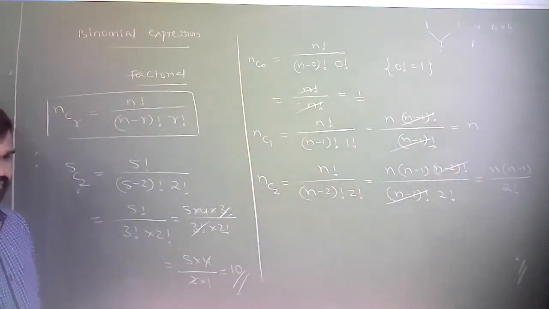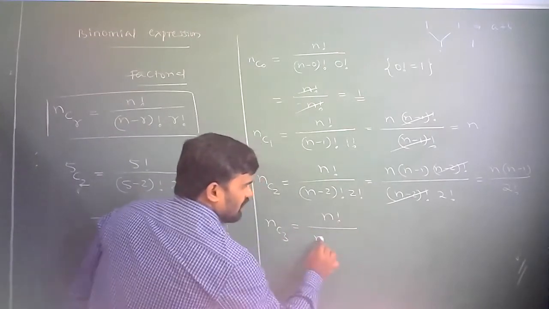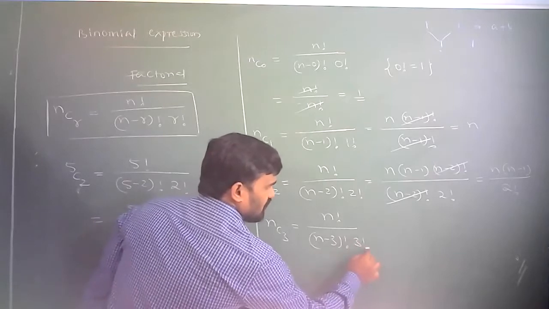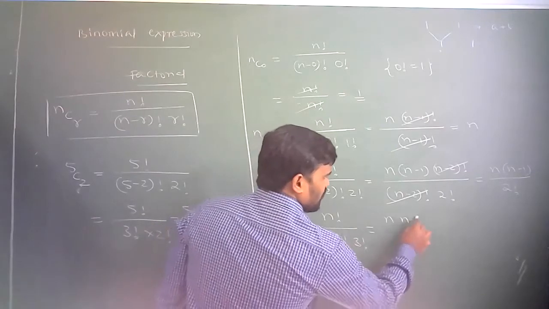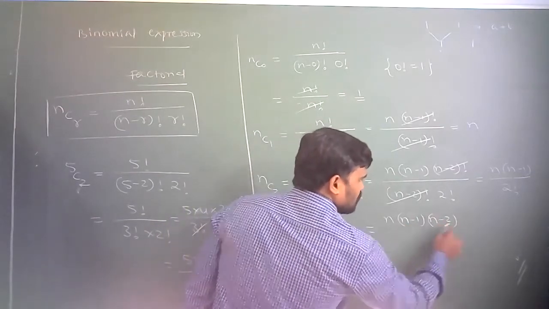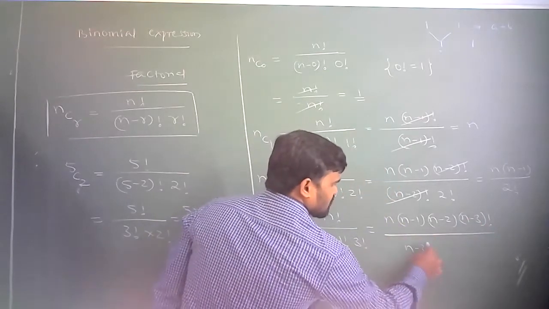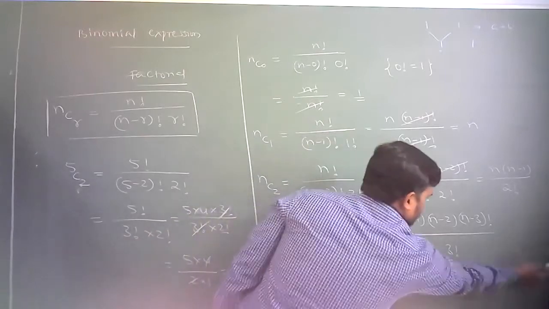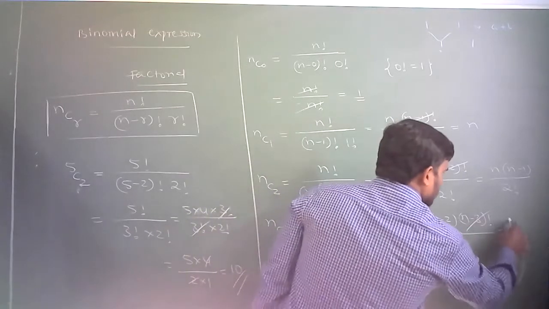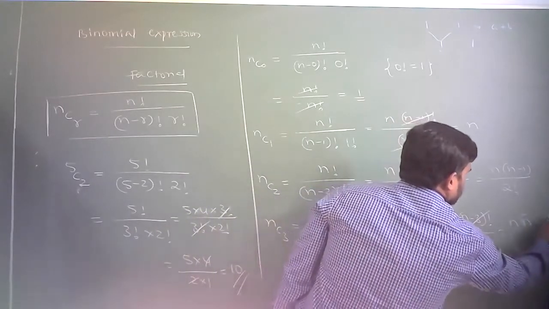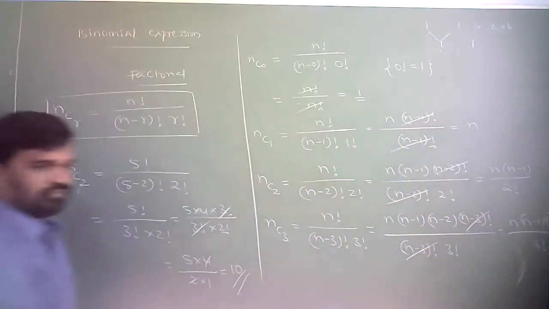Next, NC3 is n factorial by (n minus 3) factorial into 3 factorial. So we can write n into (n minus 1) into (n minus 2) into (n minus 3) factorial, by (n minus 3) factorial into 3 factorial. Again it gets cancelled. Hence we write n into (n minus 1) into (n minus 2) whole by 3 factorial.